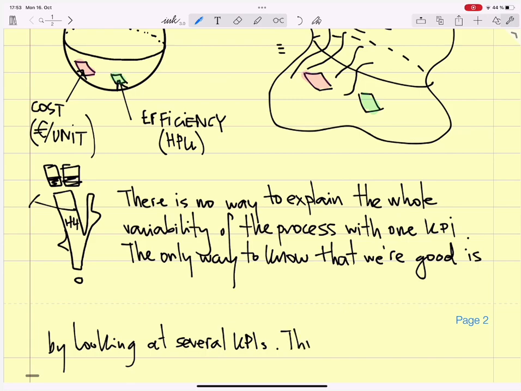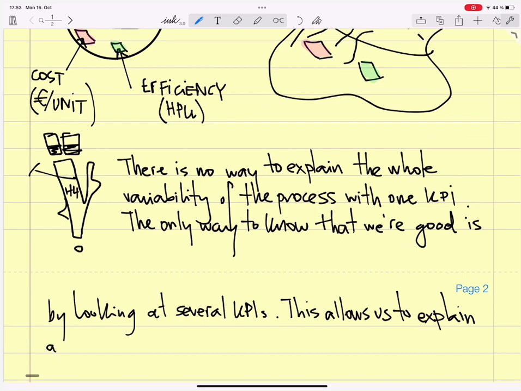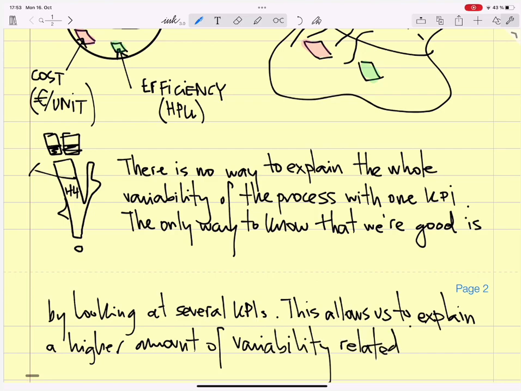This allows us to explain a higher amount of variability related to the process.